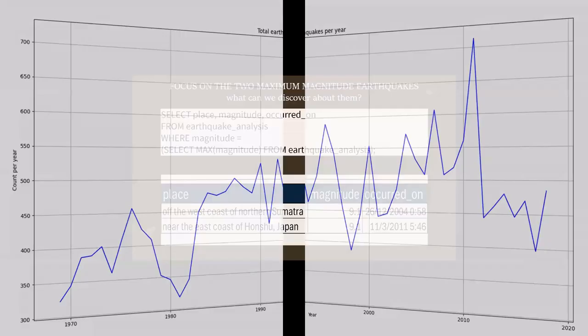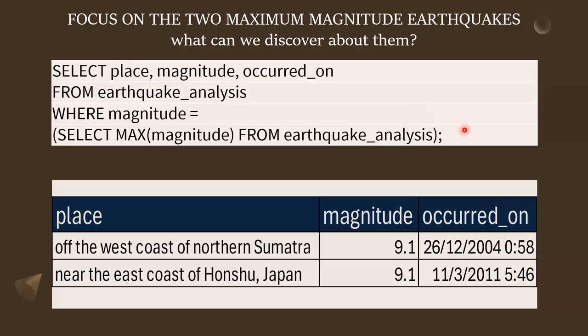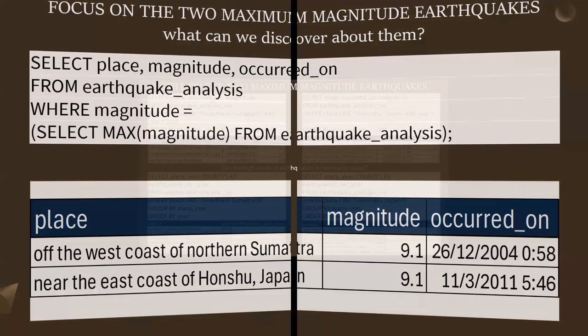Then we looked at the maximum magnitude earthquakes. We found out that they happened twice, both at magnitude 9.1. First was Northern Sumatra, which caused a tsunami in Indonesia, and the other happened in Japan. Both of them had a number of aftershocks.